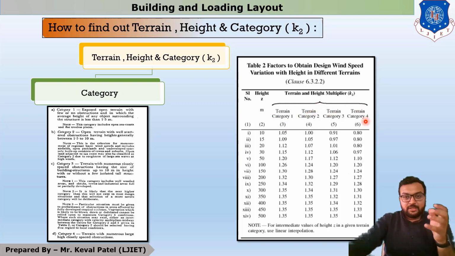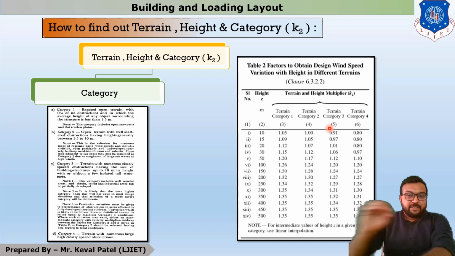Generally in your exam the category is given, but when there is no clarification regarding categories, then you can see on page number 6 or 7 there are a total of four categories.